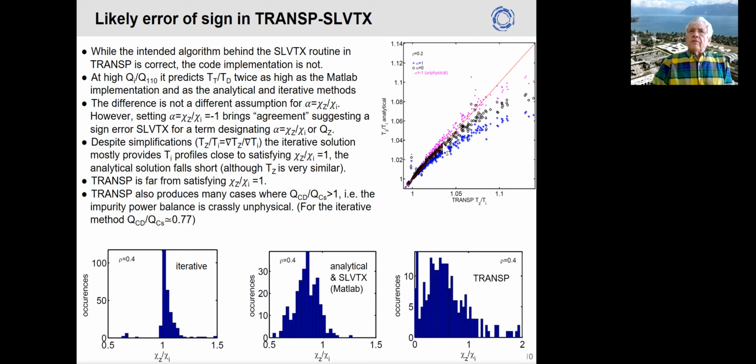At the lower values, there's little difference. Now, if we set alpha to 0 instead of 1, the difference is reduced. And if you set it to -1, well, they almost agree. It's quite a fair agreement, I would say. And this suggests that in TRANSP there is an error, which could be in the sign associated with the ratio of the diffusivities or with the QZ.